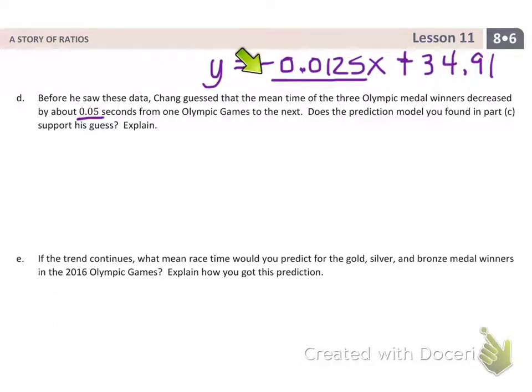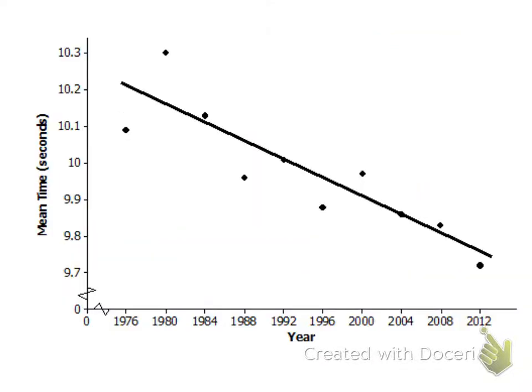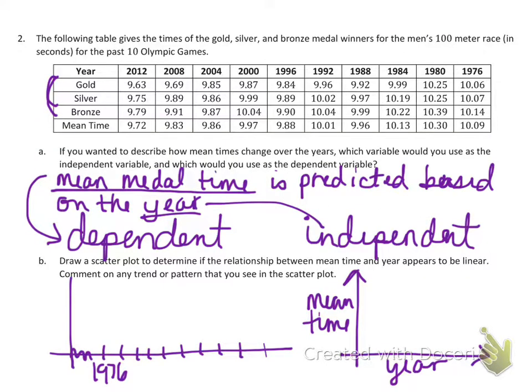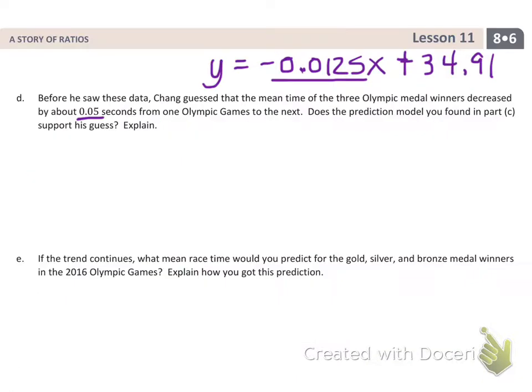Okay, how does that go along with 0.05 seconds from one Olympic Games to the next? Well, you probably know this anyway, that it's 4 years from one Olympic game to the next.